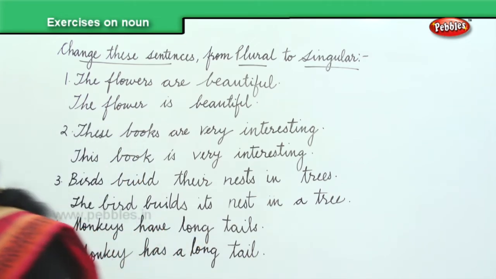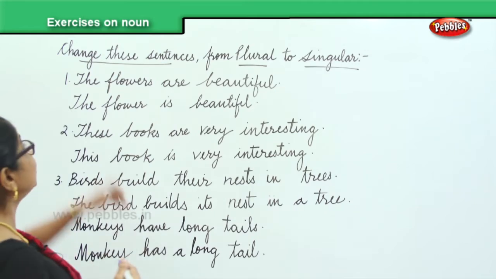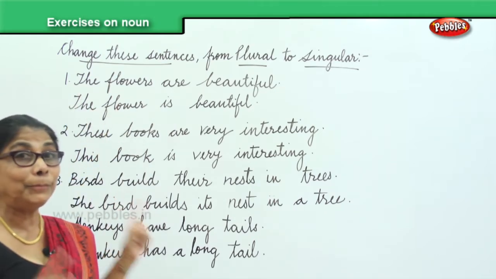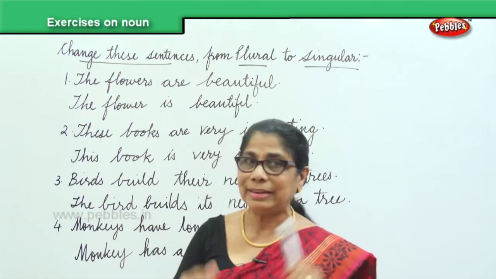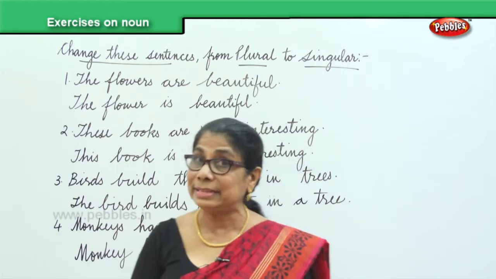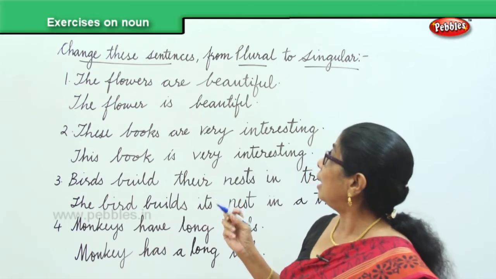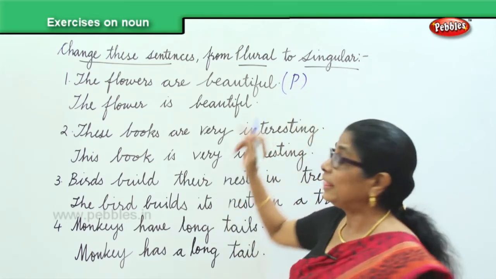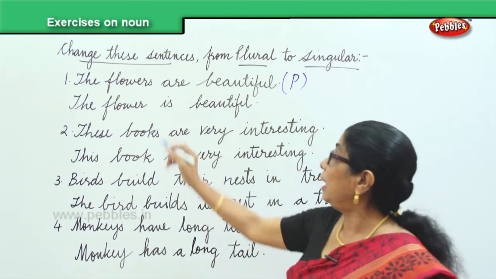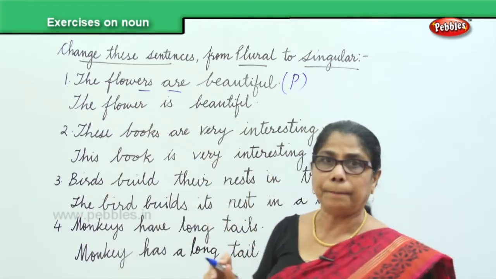Let's look at the sentences once more. Here, what have we done? We are changing the sentences from plural to singular. Before we did singular to plural. Now let's look at it carefully. The first sentence here is, the flowers are beautiful, and that's the plural form. We have changed the flowers and the verb form.